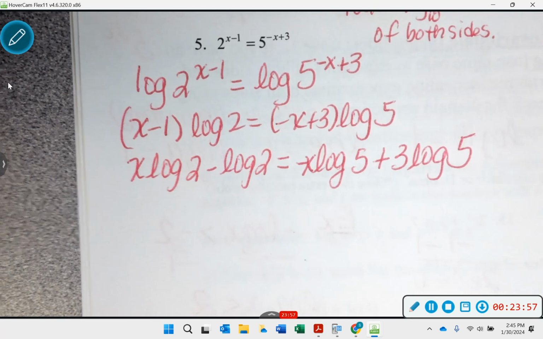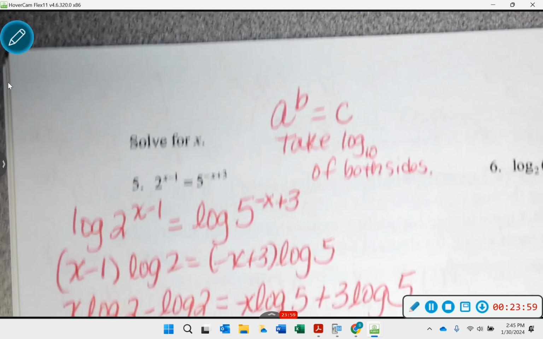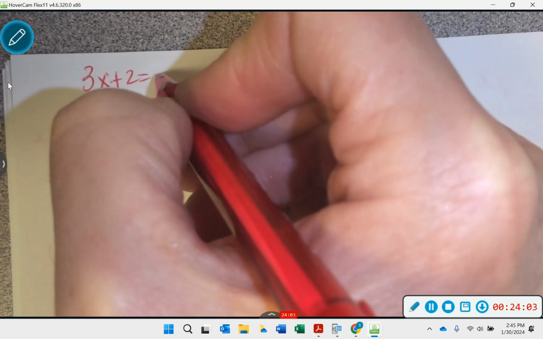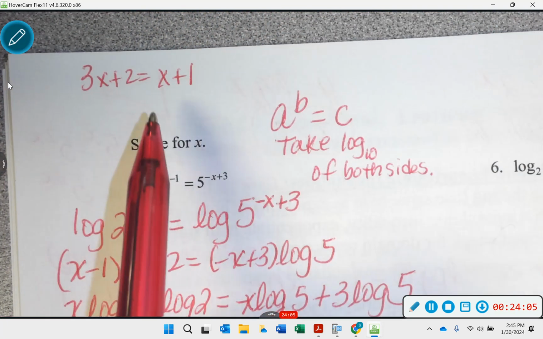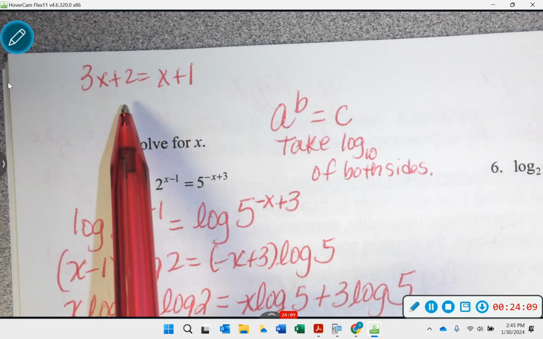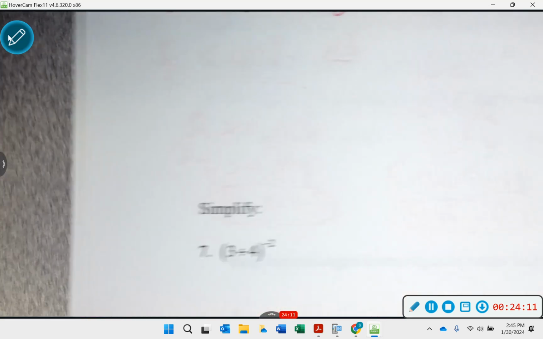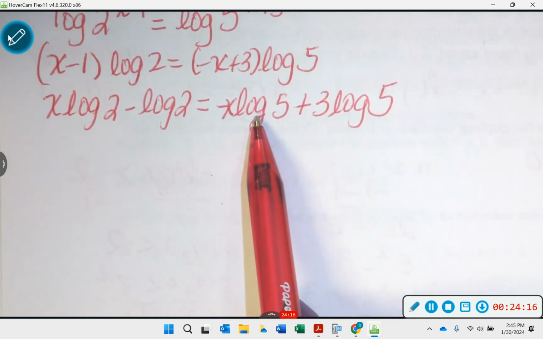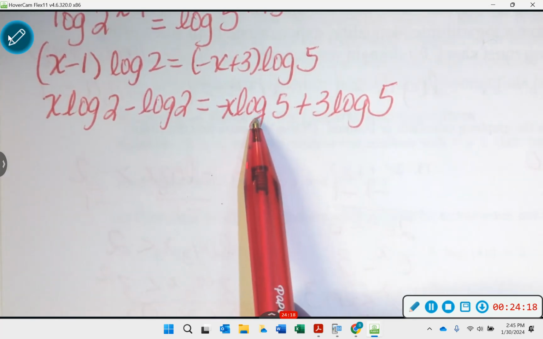All right, guys, what do we have to do if we just have a normal problem like 3x plus 2 equals x plus 1? Get the x's together, right? So that's the same thing we have to do here. We have to get the x's on the same side and the constants on the same side.